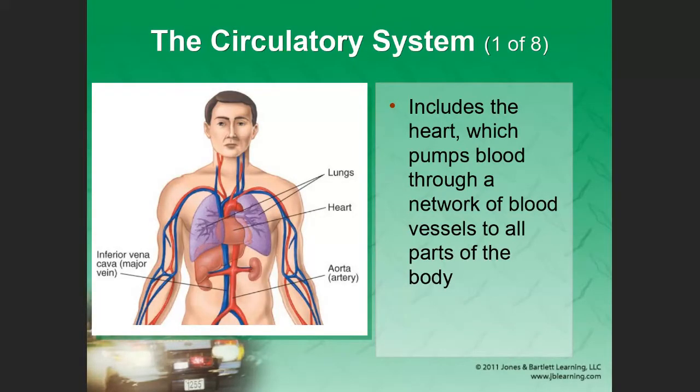Now, the arterial side of the circulatory system, the arteries, A is for away. So the arteries carry blood away from the heart, with the exception of the coronary arteries, right?